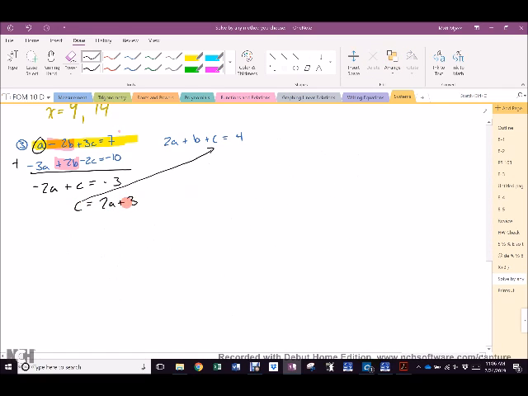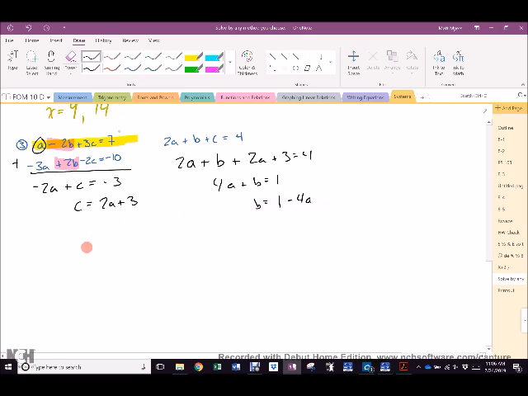Everyone's cool here, yeah? Everyone sees what we did there? We eliminated b. Okay. So now, I made an error somewhere in my algebra, so let's go through it slowly. 2a plus b plus 2a plus 3 equals 4. 4a plus b equals 1. b equals 1 minus 4a.